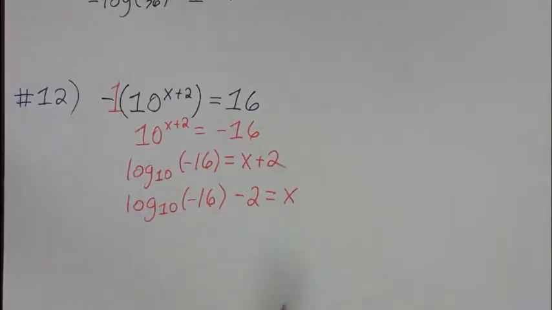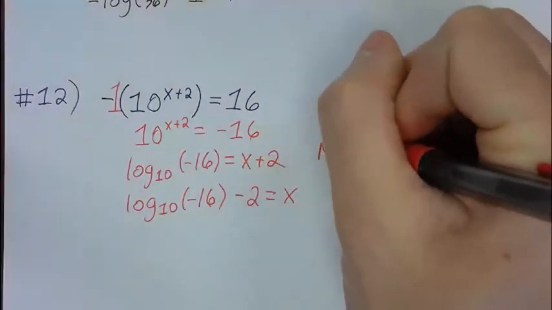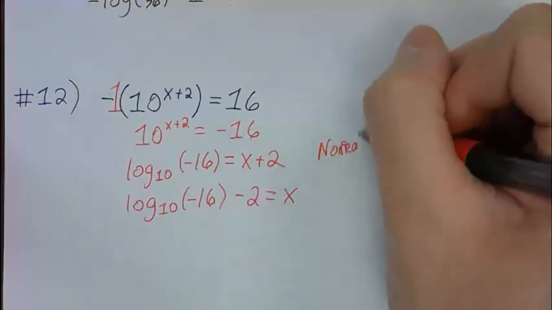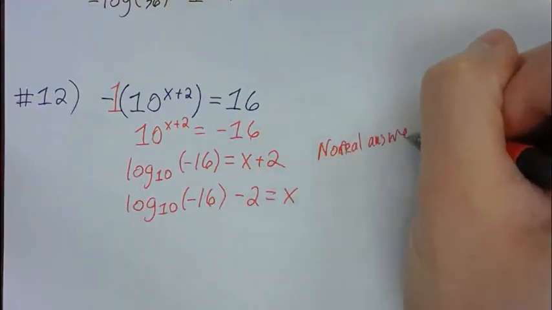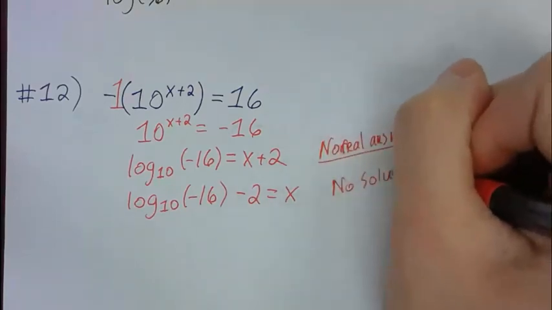Because you think about 10 to a power is never going to get smaller than 0, because either it's going to be 10 times 10 times 10, or 10 divided by 10 divided by 10, it's never going to get to 0 or lower. So sometimes you might have a case where there is no real answer, or you could say that there is no solution.